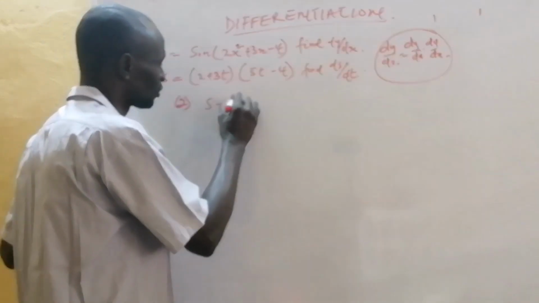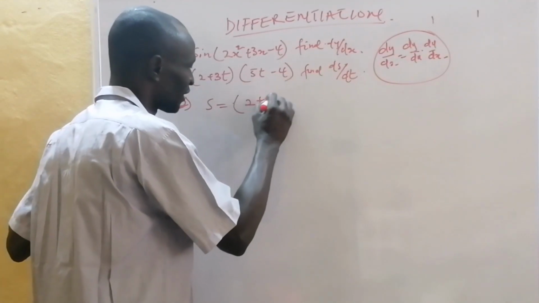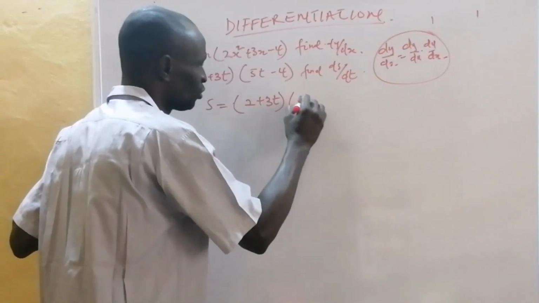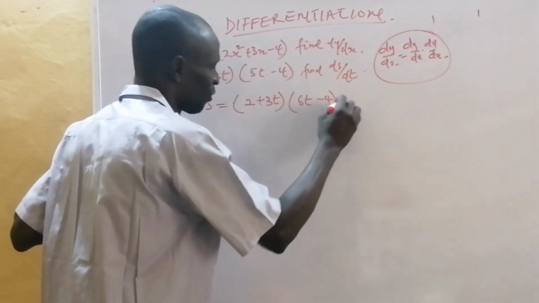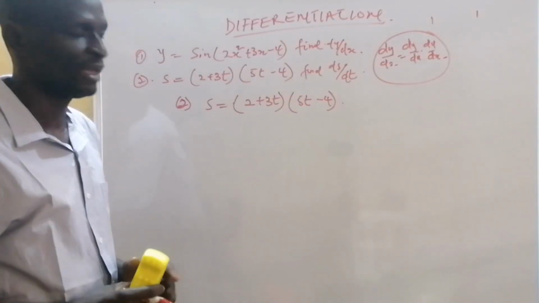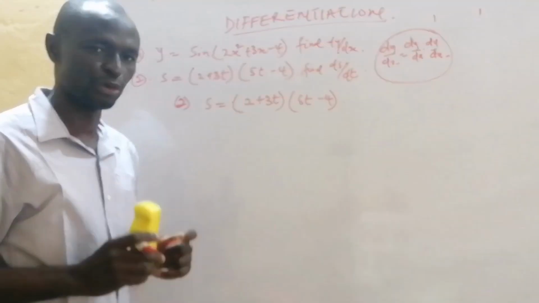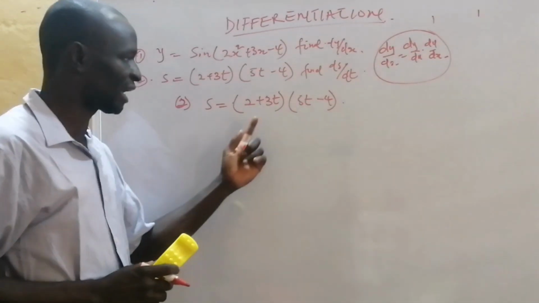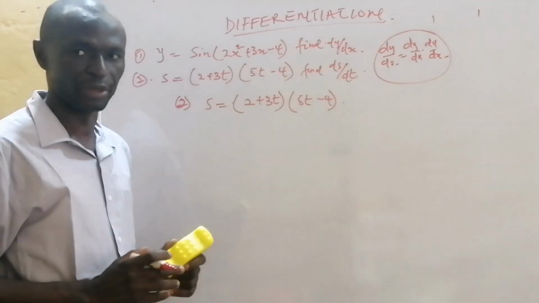s is equal to 2 plus 3t times 5t minus 4. In this case, I am seeing product rule because I am multiplying two variables.